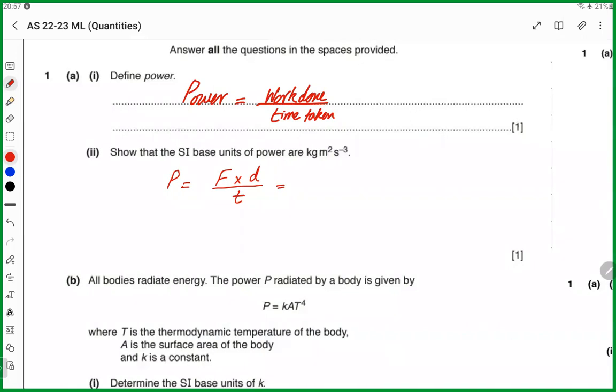So it is mass, kg, times acceleration, meter per second square, times meter divided by second. So it will become kg m square s minus 2 divided by s minus 3, hence shown.